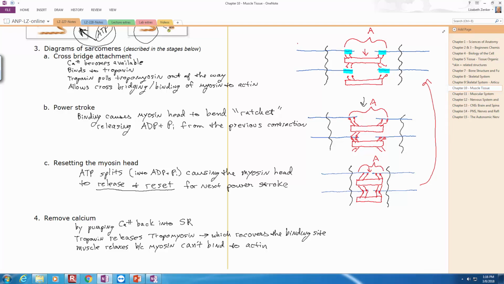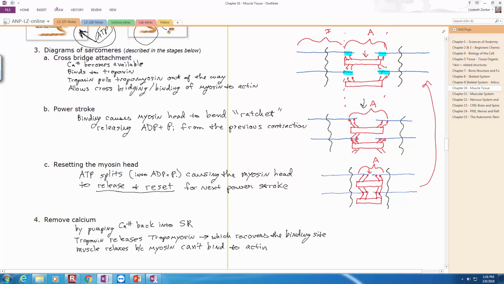And then you guys know that the I band was the length of just the actin. So see how along here, this is where the edge of the myosin was right there. Let me see if I can erase that first set of dots I did. Okay, can you guys see that?